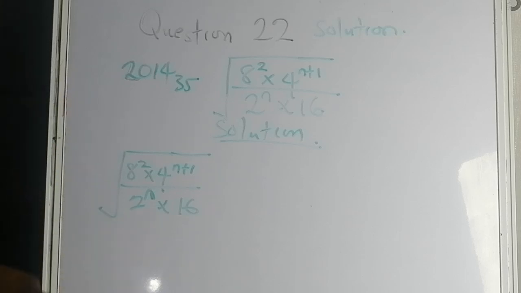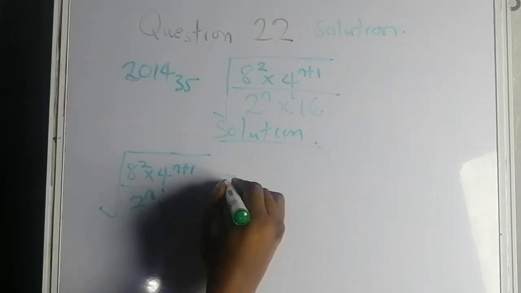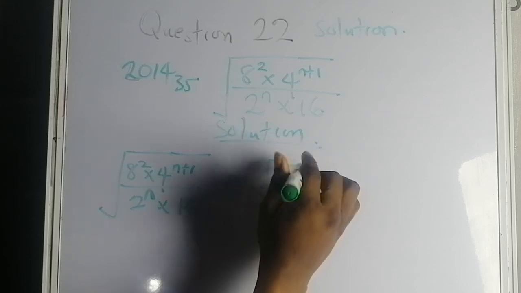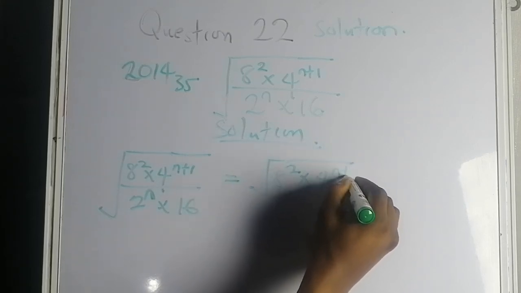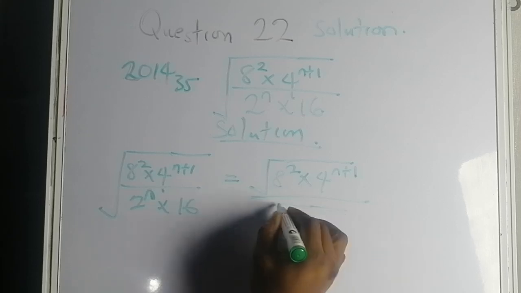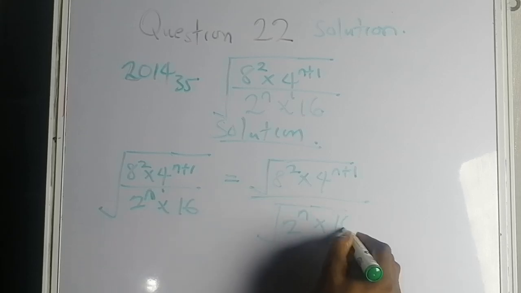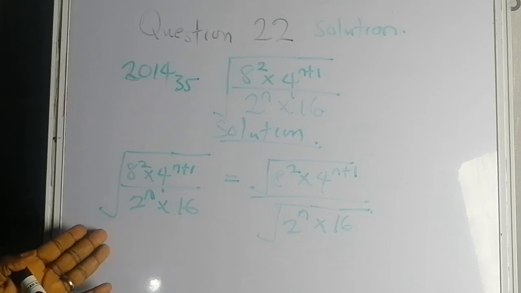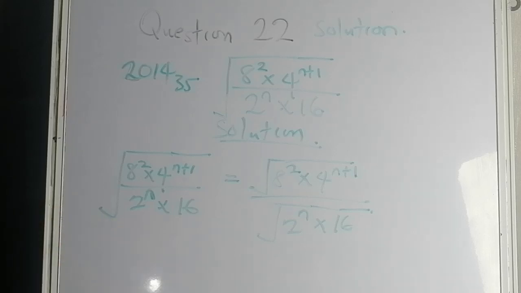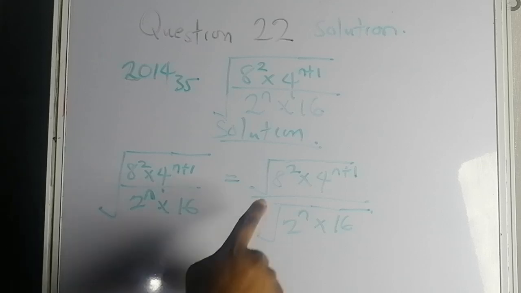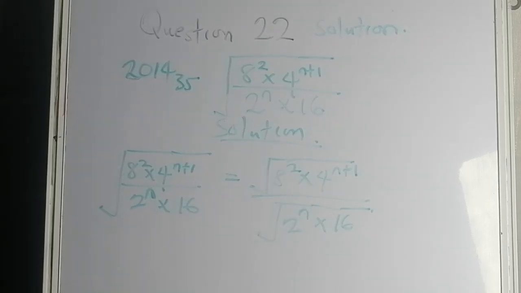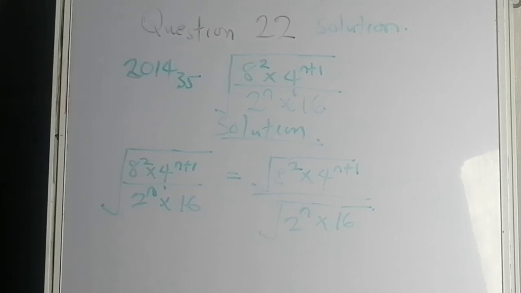That is the square root of 8 squared times 4n plus 1, over the square root of 2n times 16, which is the same thing in indices. By the multiplication law under indices, I can split it between both of them.